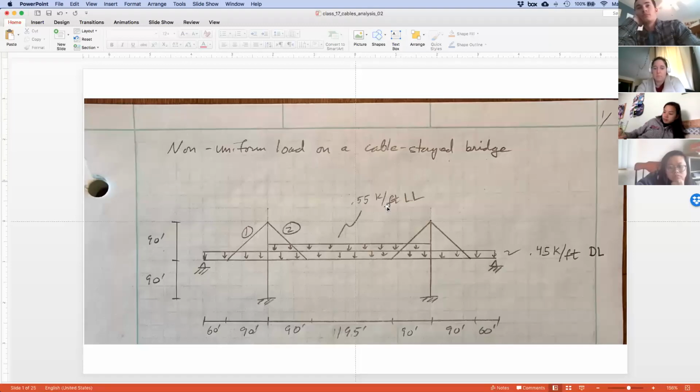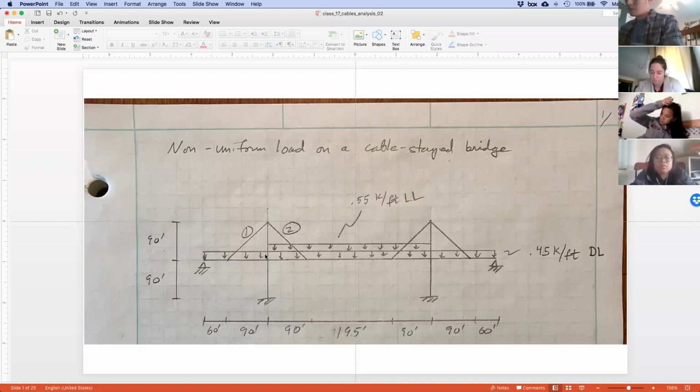The diagram on the screen right now shows the same bridge, but with one important difference.